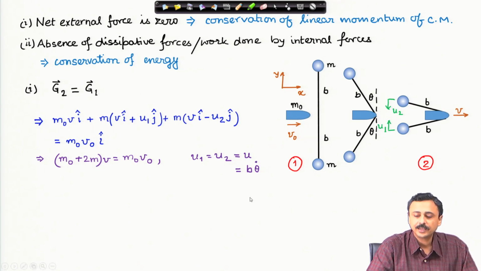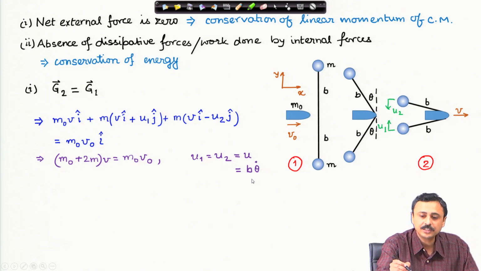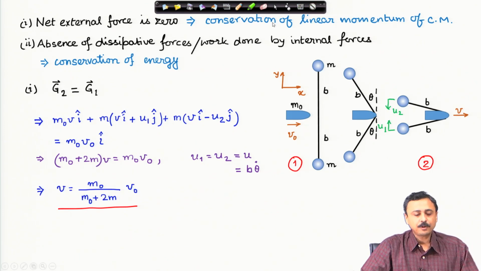This is in state 2. Therefore, here theta is equal to 90 degrees, this must be remembered. In state 2, theta equal to 90 degrees. Therefore, from here I obtain the final velocity of mass m naught as this expression, which is straightforward algebra.